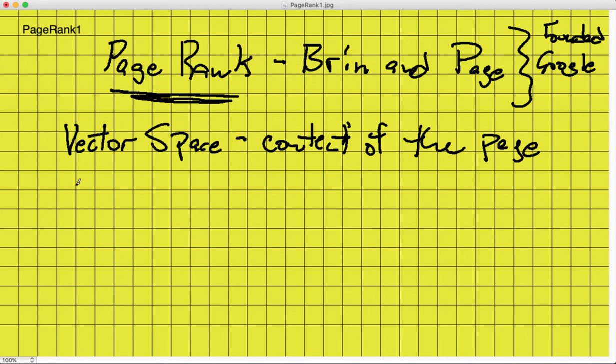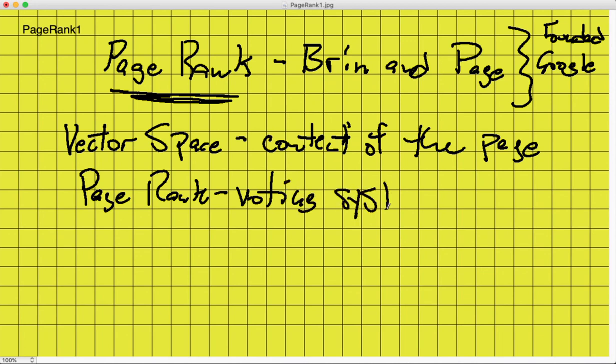PageRank doesn't look at the document at all, or I should be careful there. It does look at the document, but it's not concerned about the actual words that are employed. Rather, PageRank is a voting system. In other words, PageRank is something that's based on popularity. And the question is who gets to vote?